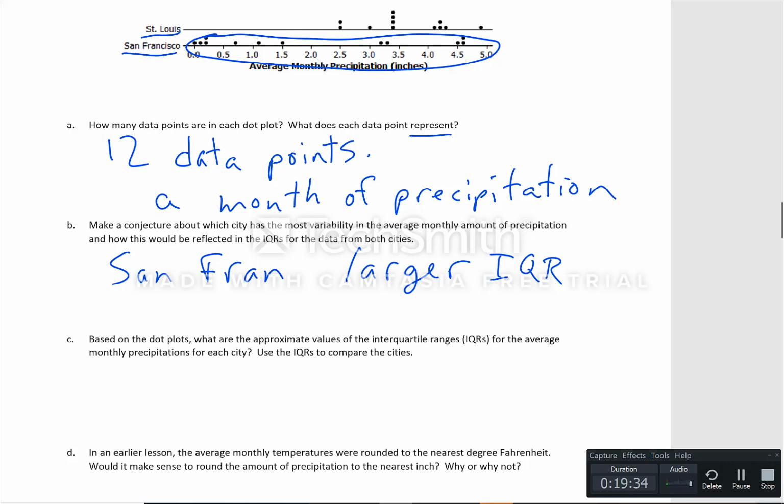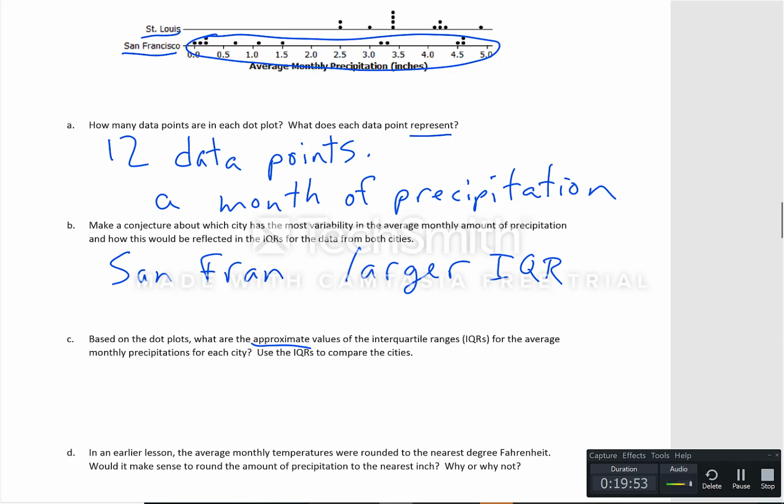Alright, for C, based on the dot plots, what are the approximate, so approximate means it doesn't have to be exact, values of the IQRs for the average monthly precipitation for each city? So I need to find those IQRs.